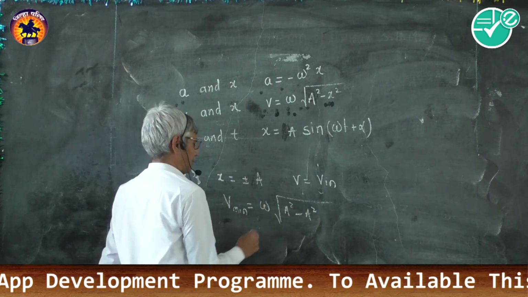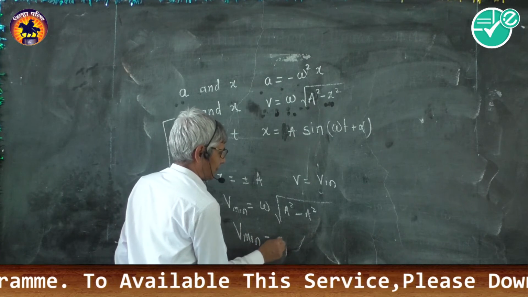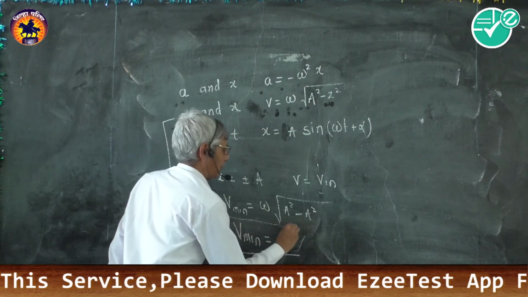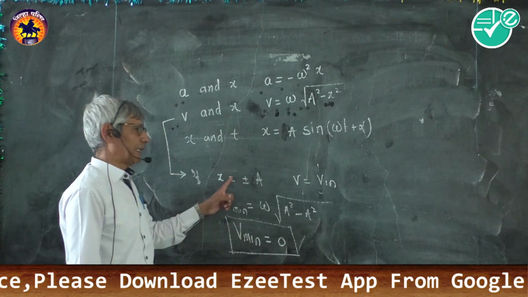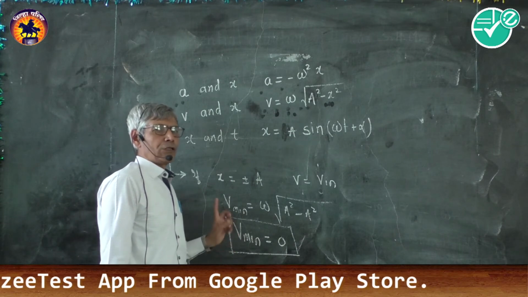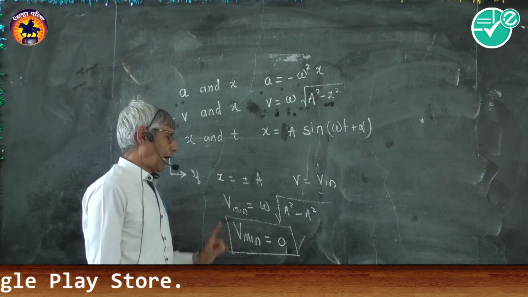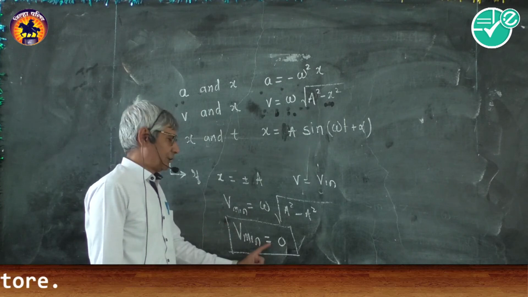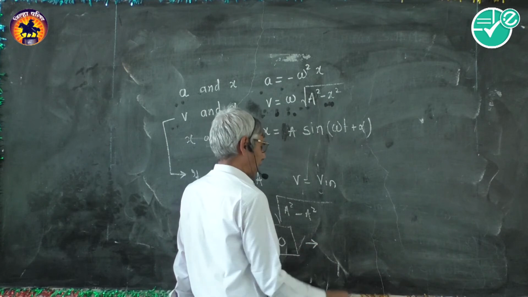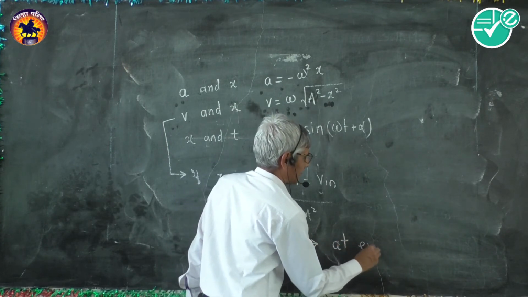So A square minus A square becomes 0 and v minimum is 0. So this is the first value of the linear velocity at either extreme point. This is the minimum value of the velocity possessed by the particle in linear S.H.M, and its value is 0. This value is possessed by the object whenever the object is situated at an extreme position.